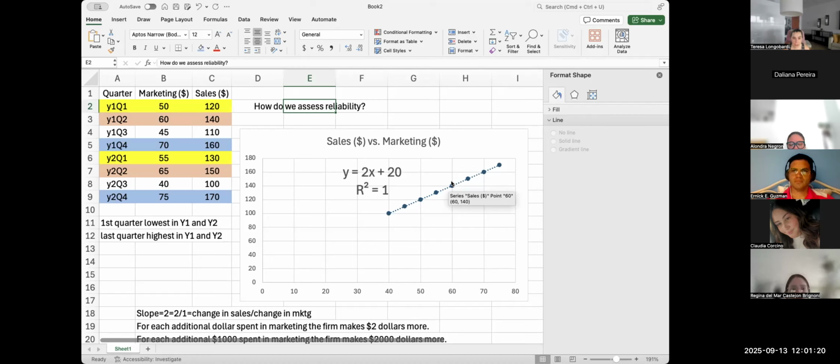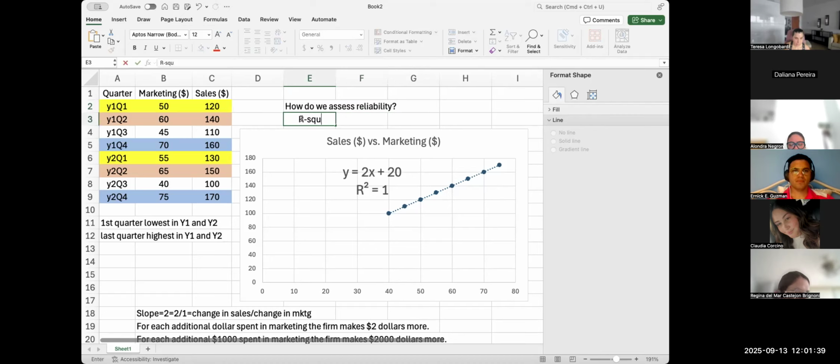Marketing could include other things that are also predictors, but whatever, marketing is a proxy driver for sales. It's the only thing we seem to need. Okay, and R squared tells us the relationship is reliable.